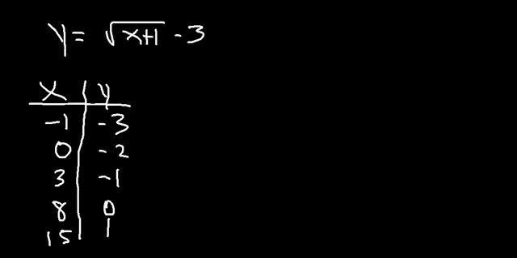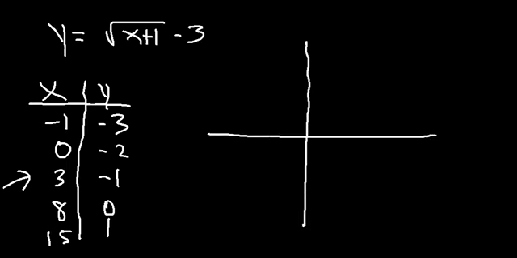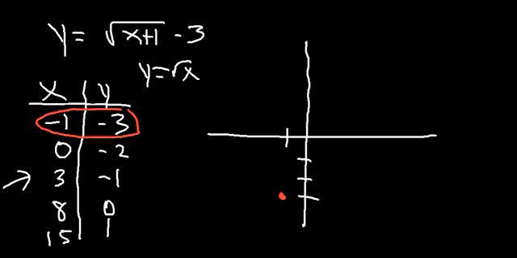And basically, the way I was plotting points for these other functions is based on this pattern of numbers. So let me show you. We know it shifts 1 to the left, down 3. So this point is this one, negative 1, negative 3. And for radical x, radical 1 is 1.